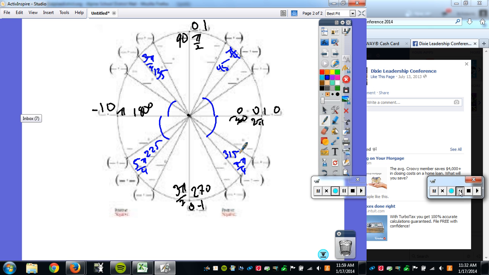Then you can just keep adding pi parts all the way around.